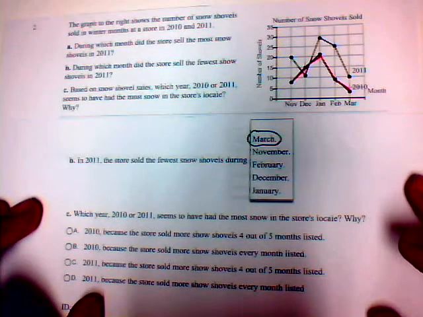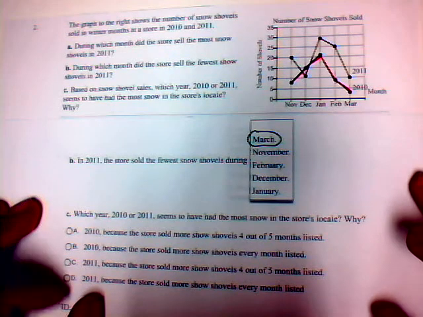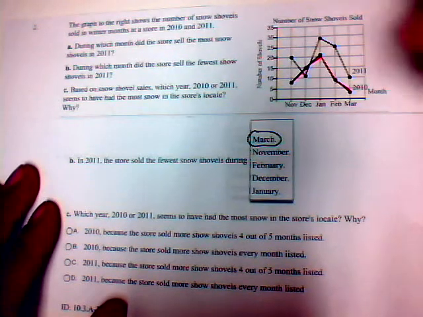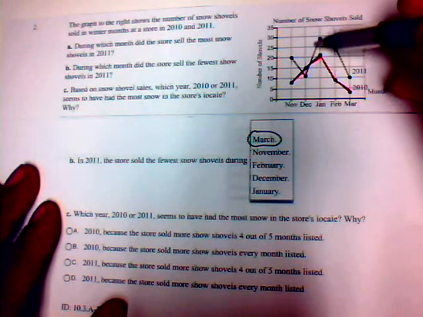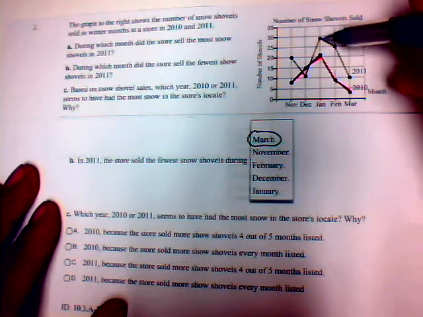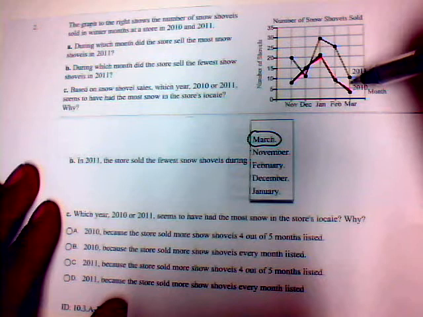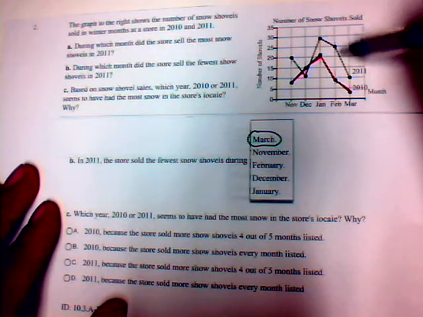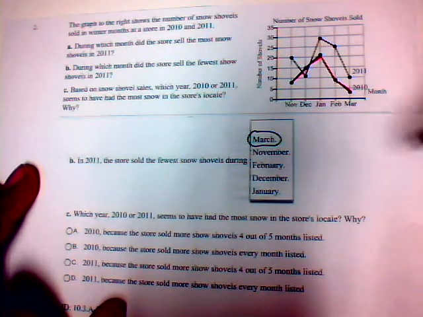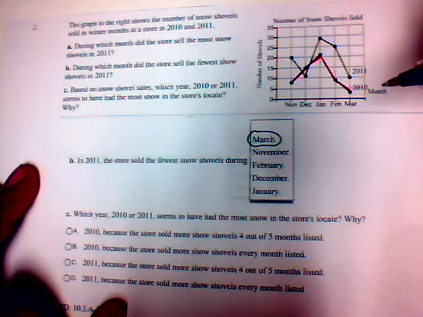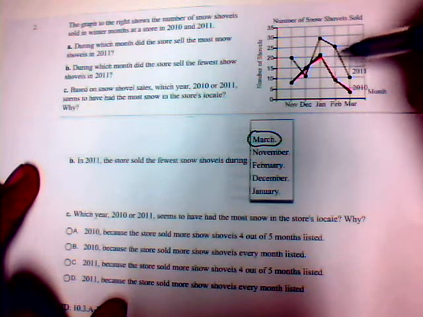Now part C, which year, 2010 or 2011, seems to have had the most snow in the store's locale, and why? Okay. By looking at this, I'm going to say the year 2011. And the reason for that, because the store sold more snow shovels like 4 out of those 5 months.